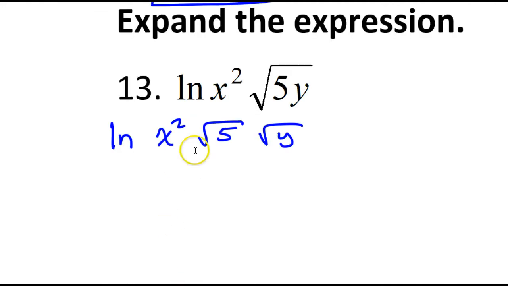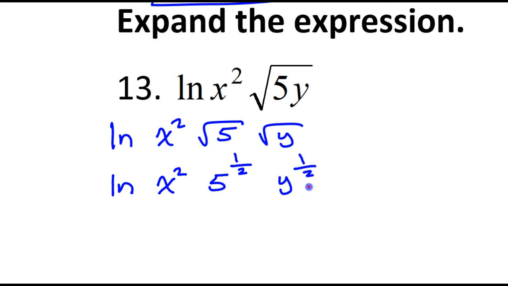I'm going to turn these square roots into exponents. So this would be the same thing as natural log x squared, 5 to the 1/2 power, and y to the 1/2 power, because we know the square root is the same thing as the 1/2 power.